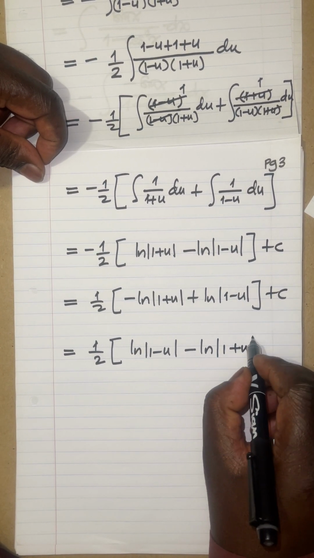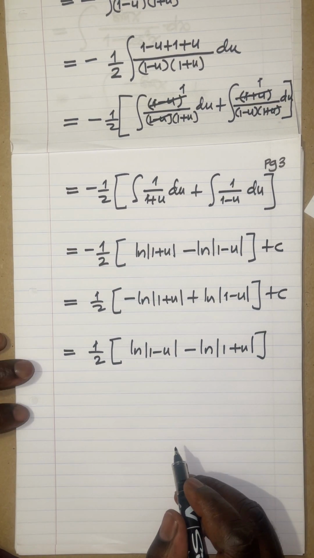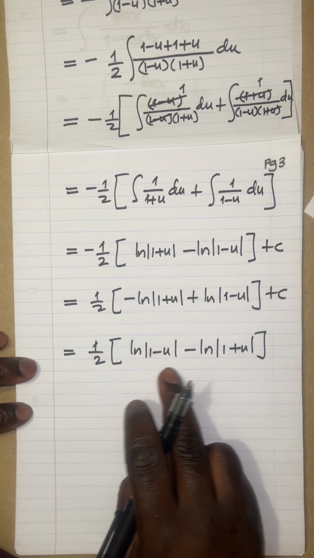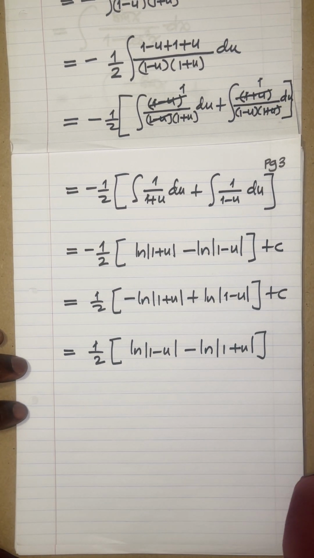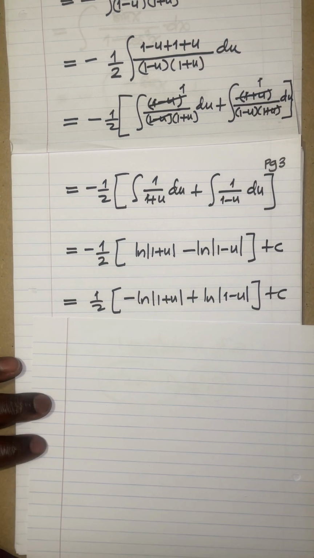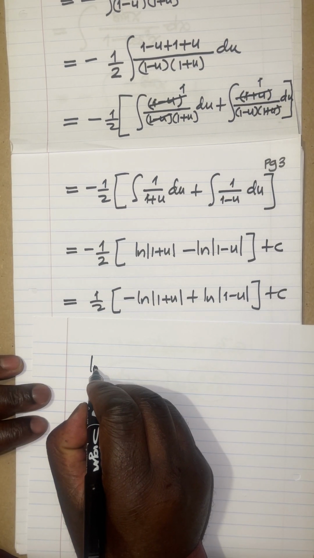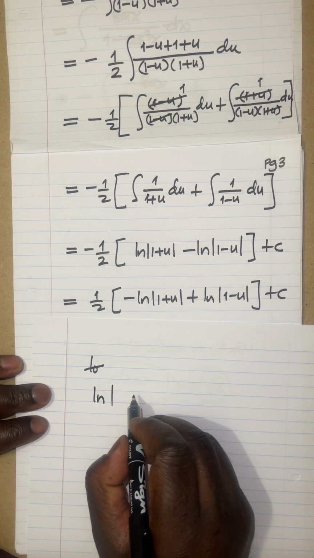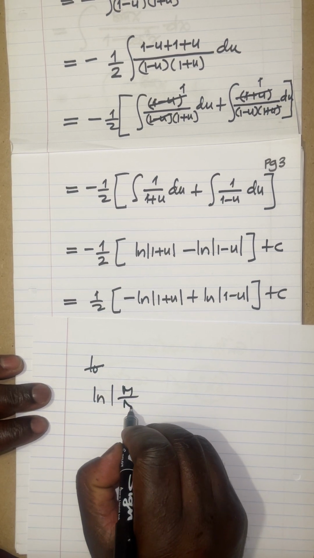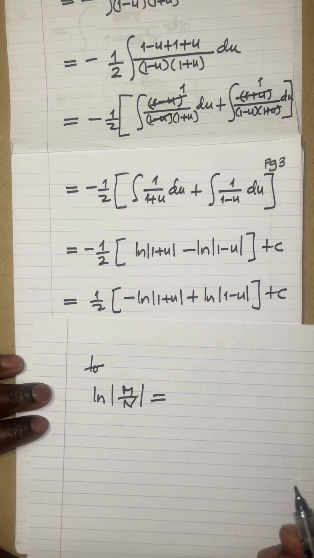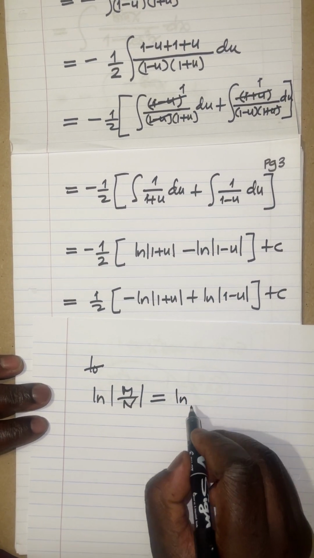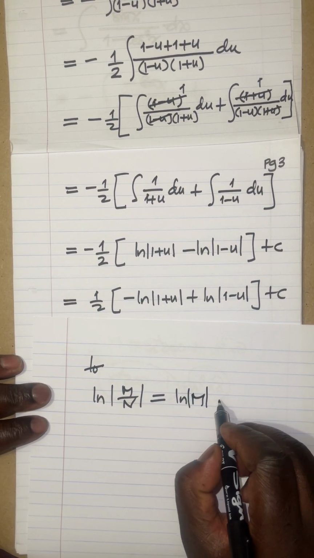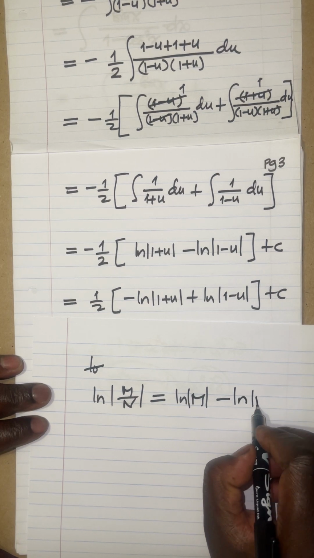And then if we rewrite this using laws of logs, remember there's a law of logs that says the log of, we're using natural log here now, natural log of m over n is equal to natural log of m minus natural log of n.